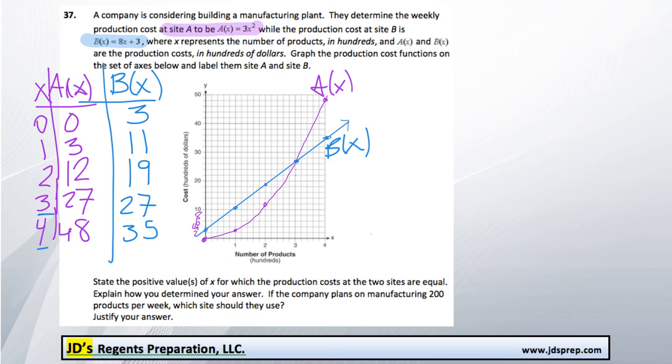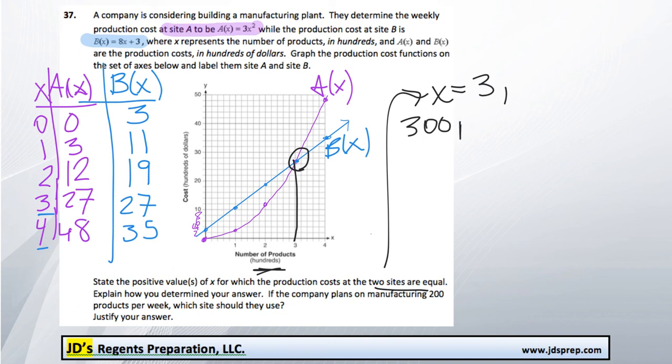Okay, next part of the question. State the positive values of x for which the production costs at the two sites are equal. We can see that that happened right here, and the positive value of x is 3. And if we want to be really specific, remember that this is the number of products in the hundreds, so this represents 300 products.